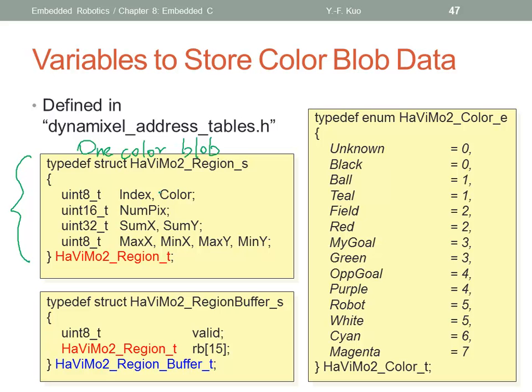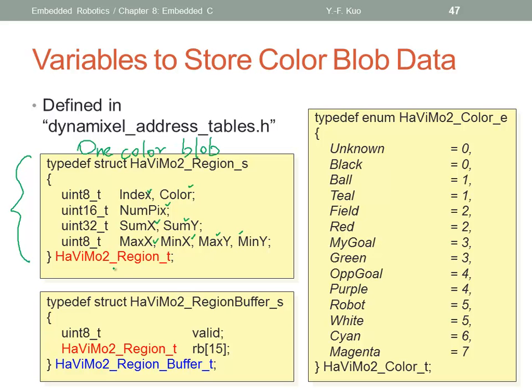Remember that for each color blob, we have an index, color, number of pixels, sum x, sum y, max x, min x, max y, and min y.